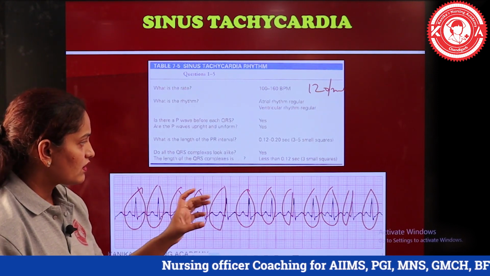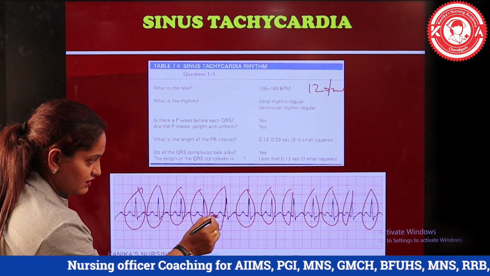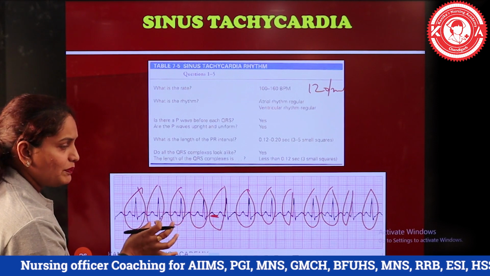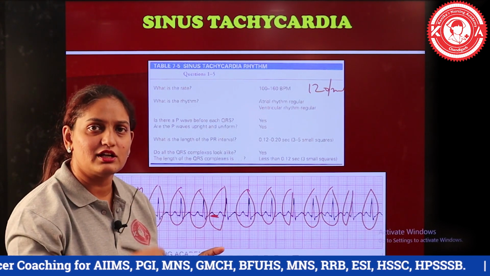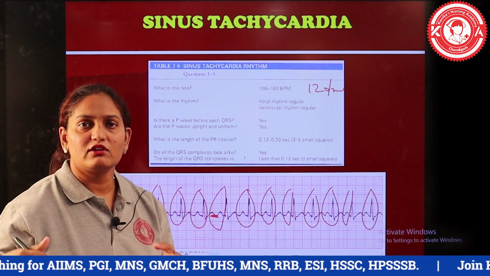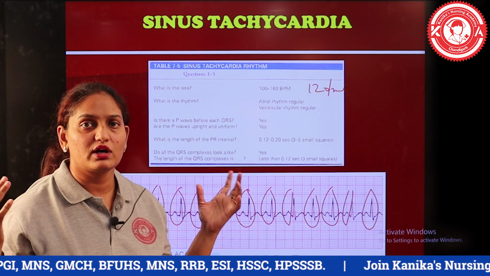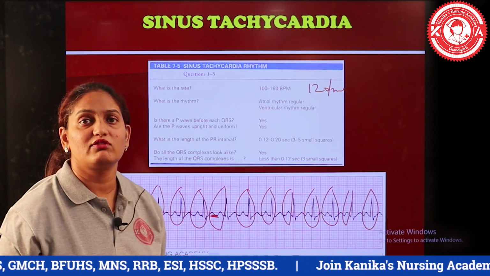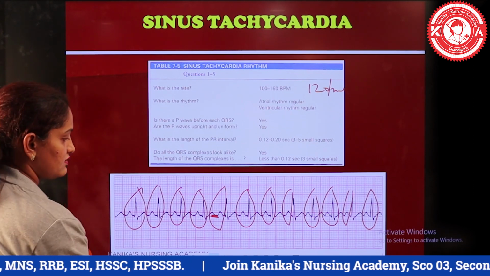The only thing you can observe is a little gap between P and T. That is because the heart is beating at a faster rate than normal, as it is supplying blood to the area which is exercising at a very fast rate. So supply and demand both have to be increased.